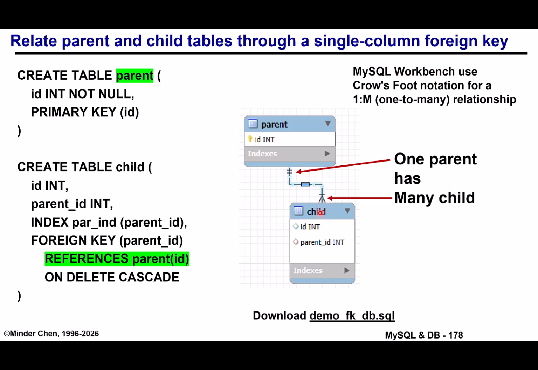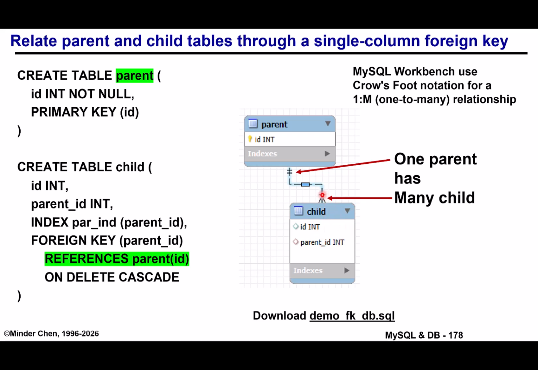This is the relationship visually in the MySQL Workbench data modeling tool, which we're not really introducing in this class, at least not in this lecture. And we use the crow's foot notation. This is the crow's foot, which means one to many. We call it one to many, one colon M. The one is on the parent side, and the many, the crow's foot notation, is on the child table side.